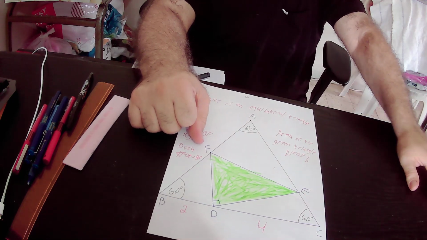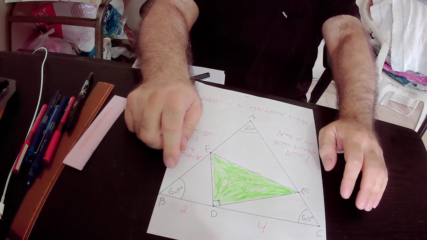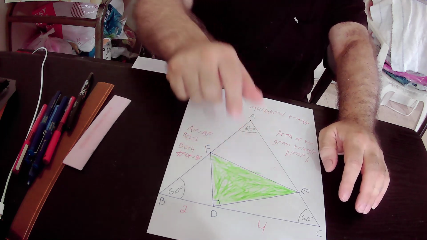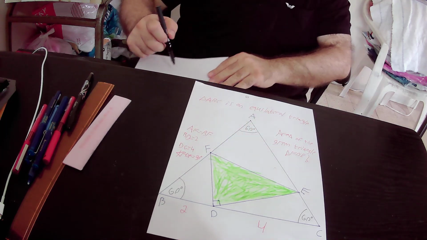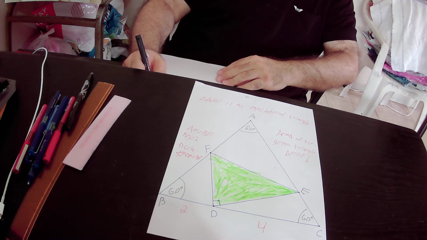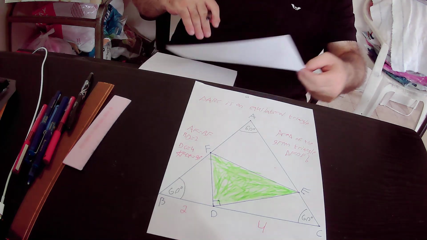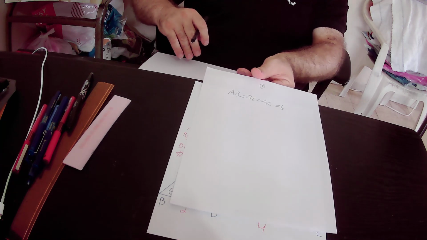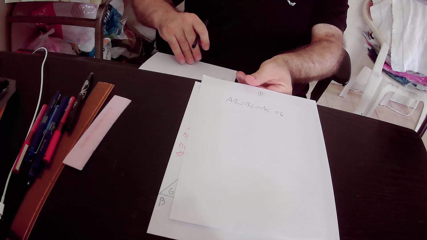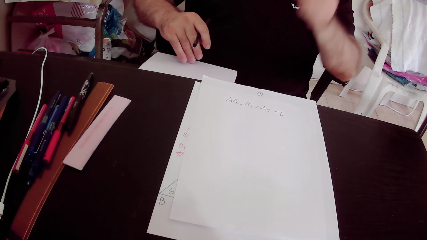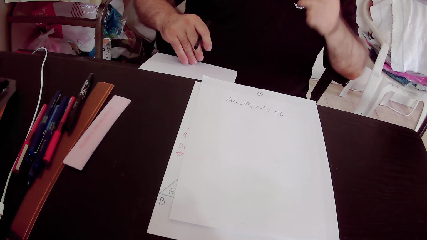So BC will be equal to 2 plus 4 units. That is to say, BC equals 6 units, and therefore all the sides of the equilateral triangle equal 6 units.